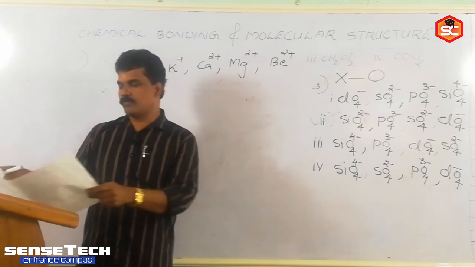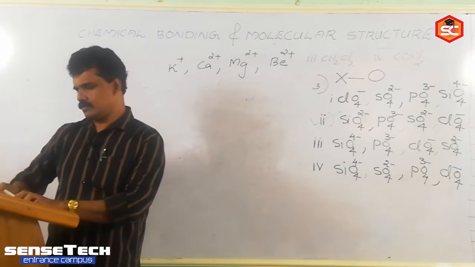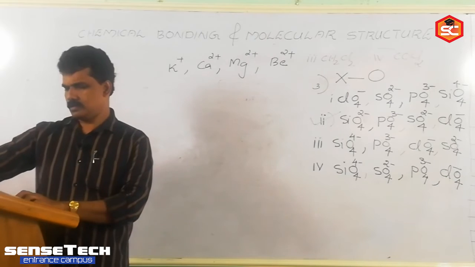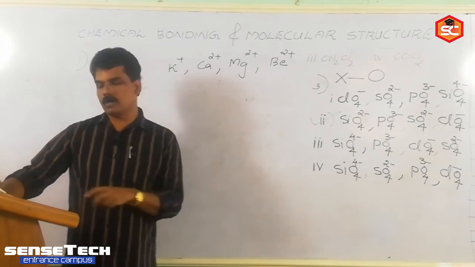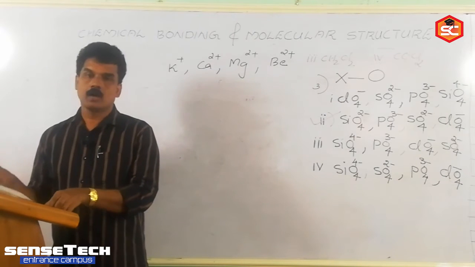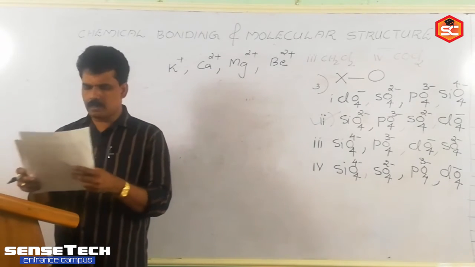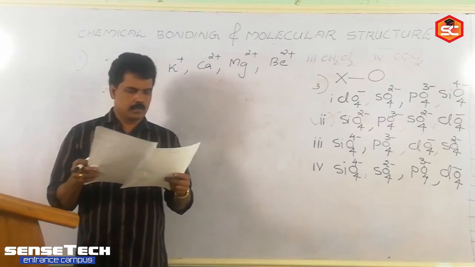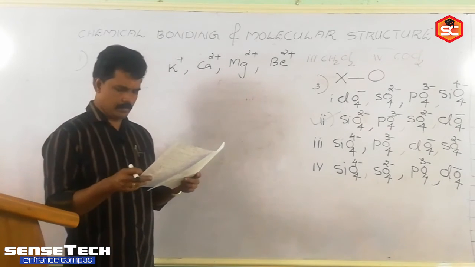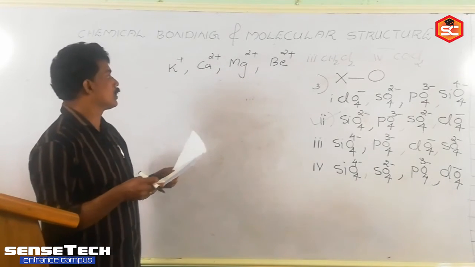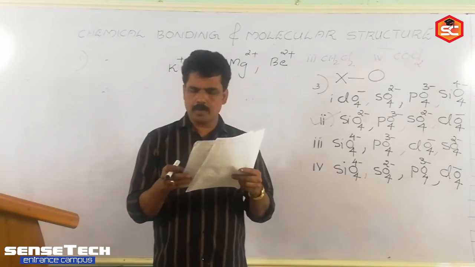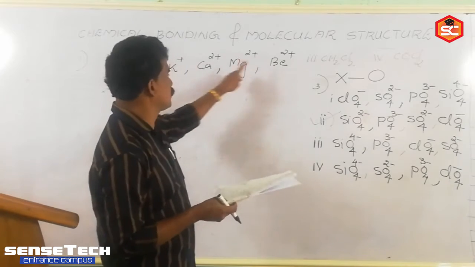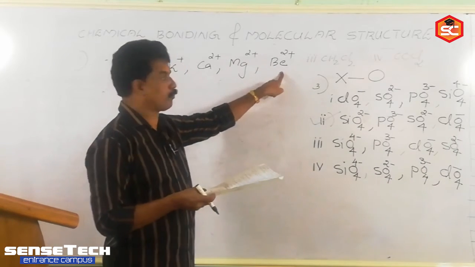Smaller the size and higher the charge, the more the polarizing power. So smaller size, higher charge, that means more polarizing power. Smaller size, which one? Beryllium, Be2 plus.